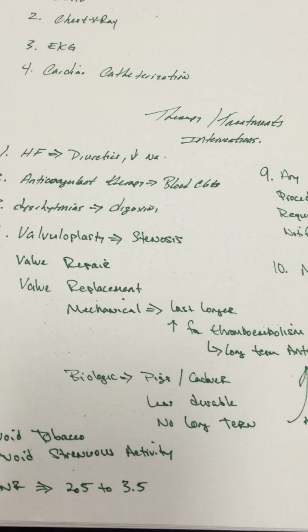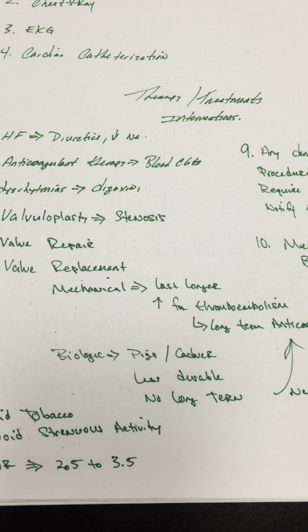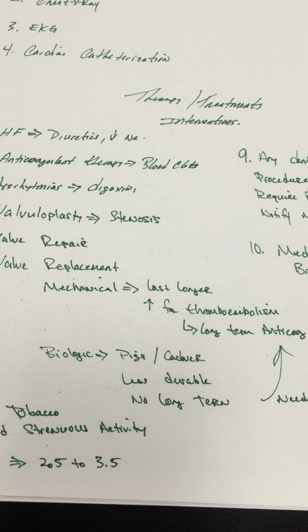If they have a mechanical valve replacement, the patient must be informed that these last longer. However, because it is mechanical, the risk for thromboembolism is higher. Therefore, they must know that they will be on some long-term anticoagulant therapy.